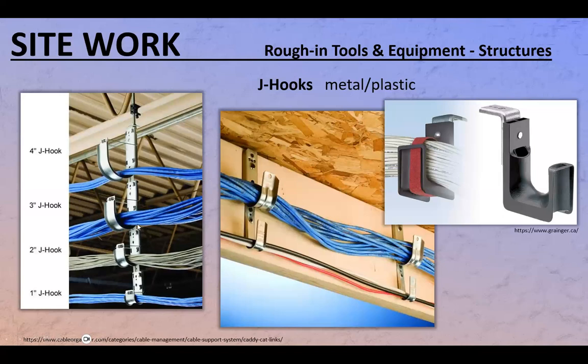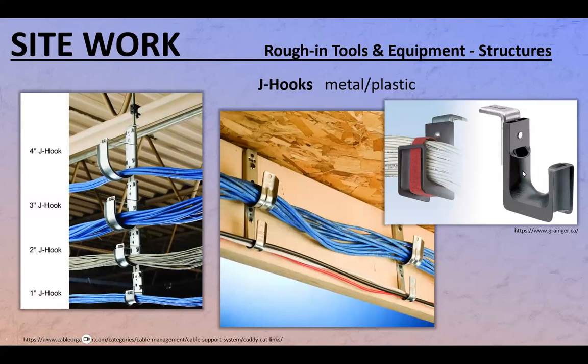You can actually double side them. You can have one here. You can have one here. So depending on how many wires need to go and where. Right? And they're different sizes. Metal, usually aluminum or steel, and there's some plastic ones.